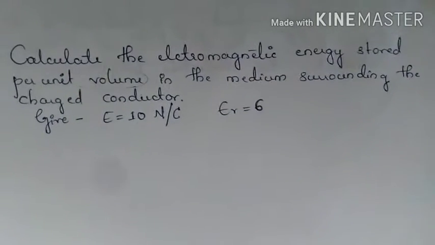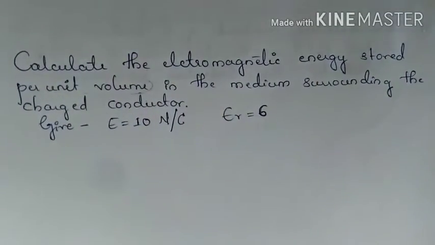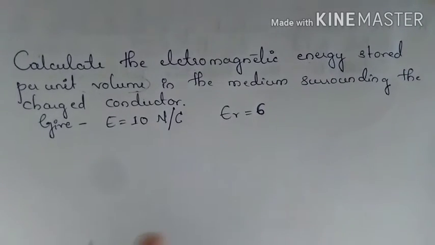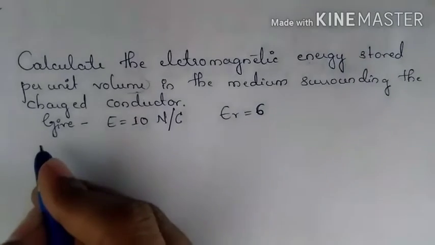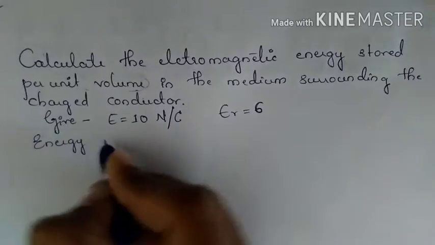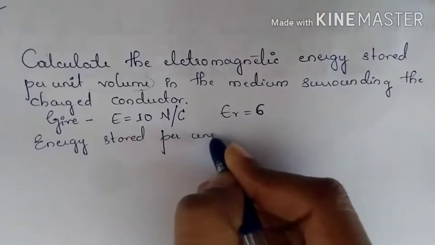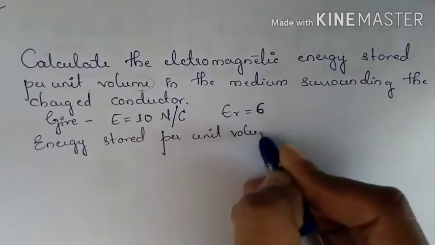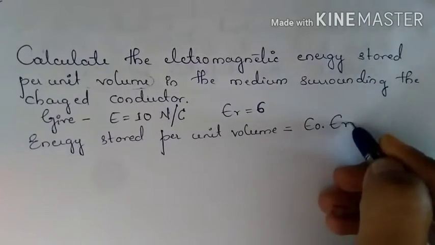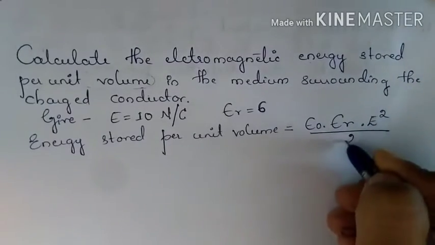So now with this data, what do we have to calculate? We have to calculate the electromagnetic energy which is stored per unit volume. For that we know the formula. So energy stored per unit volume can be written as epsilon naught into epsilon r into E square by 2.